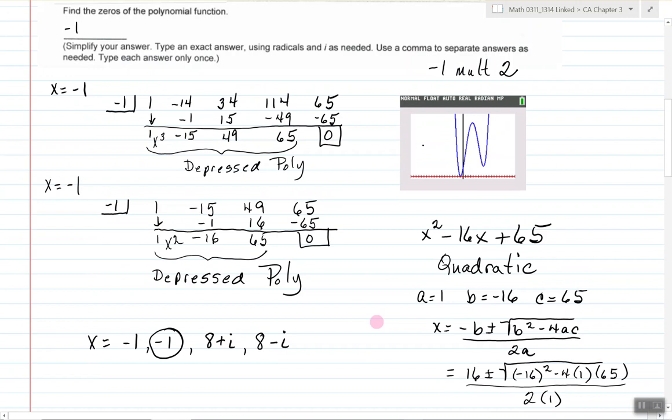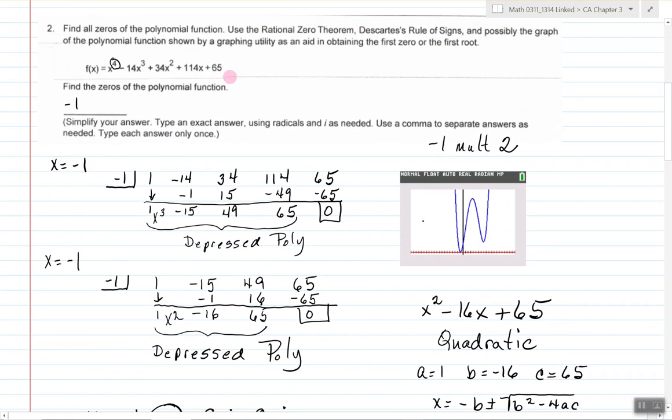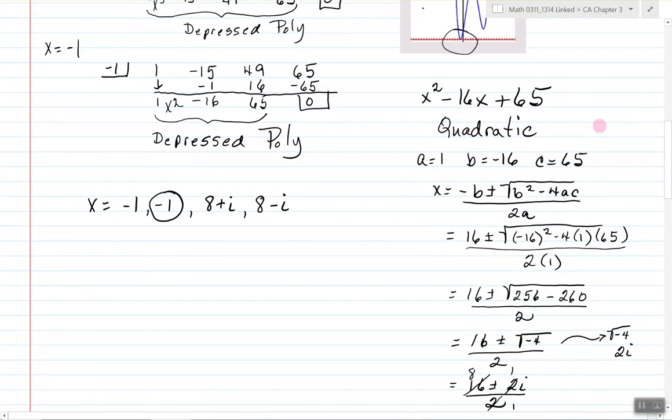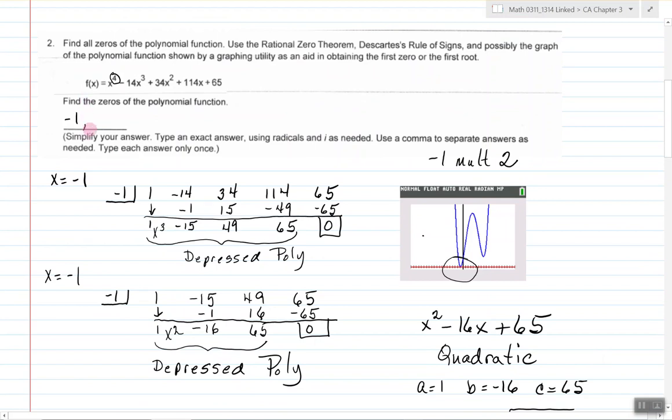So in this problem, we graphed it. We could identify visually a double zero at negative 1, but then we depressed with negative 1, synthetic division. We depressed again. We got a quadratic equation, came over here, used the quadratic formula, ended up with 8 plus i, 8 minus i.